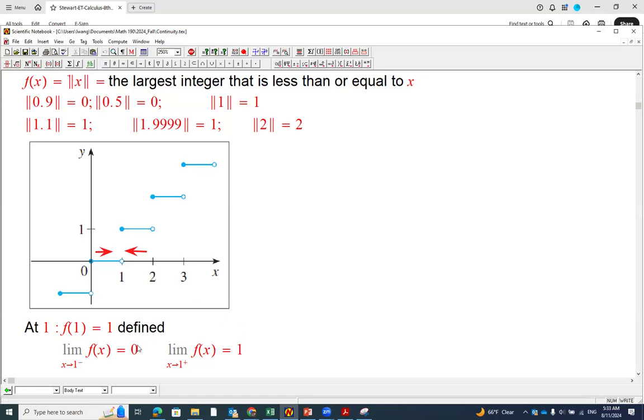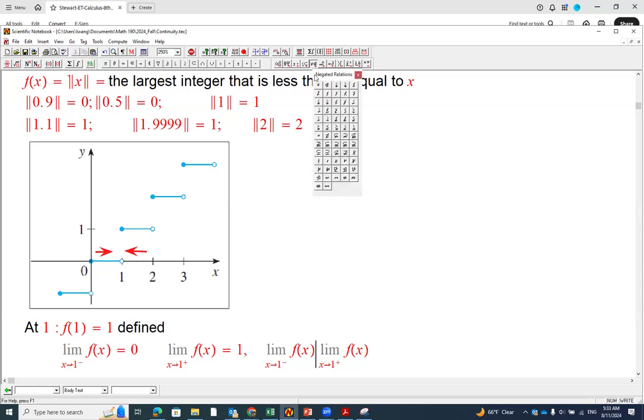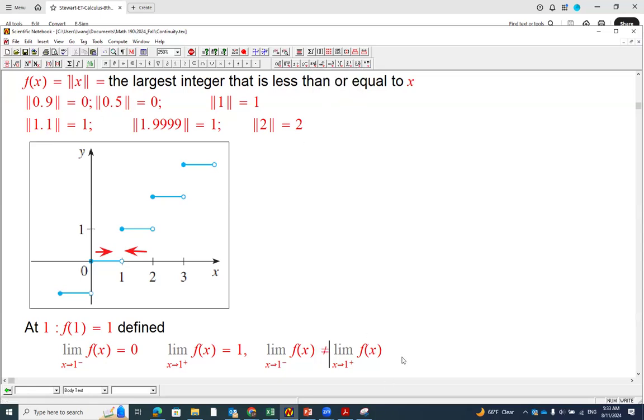So what do we see? We see that limit from left exists, limit from right exists, but they're not equal. If they're not equal, that means what?